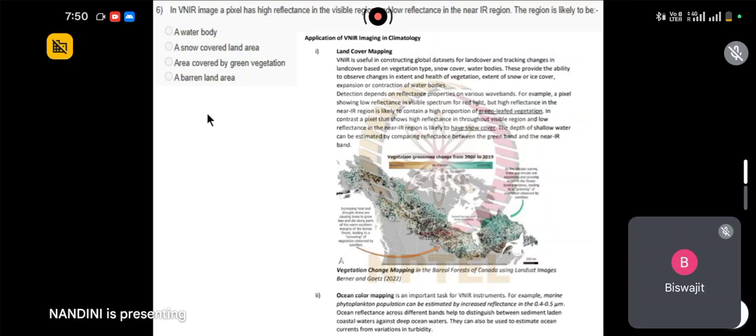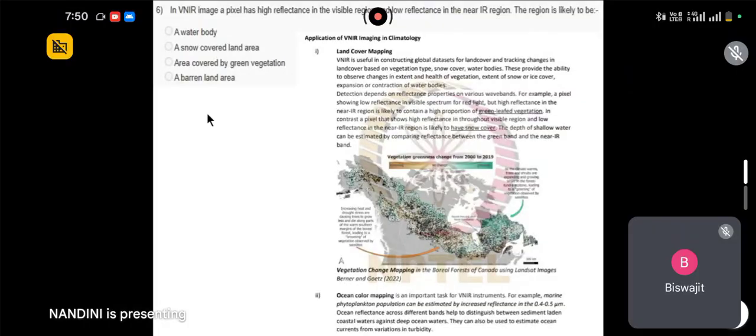That's how it basically works. So we have thermal infrared imaging, we have visible near infrared imaging. All these are used for measuring different parameters.